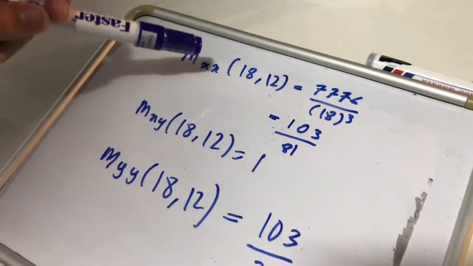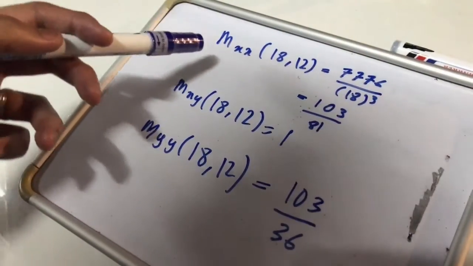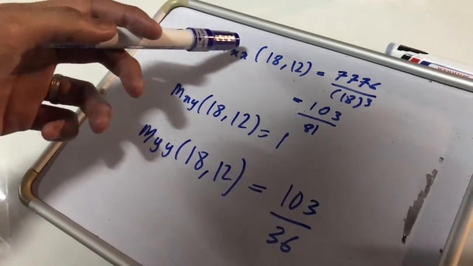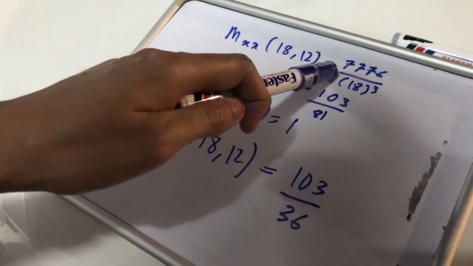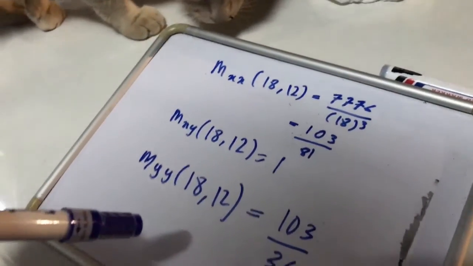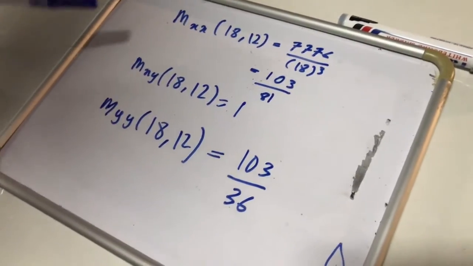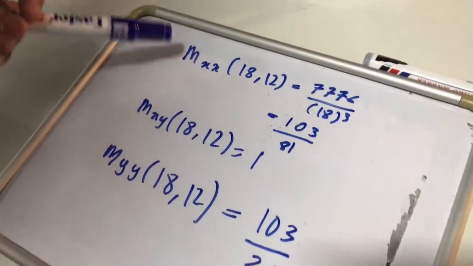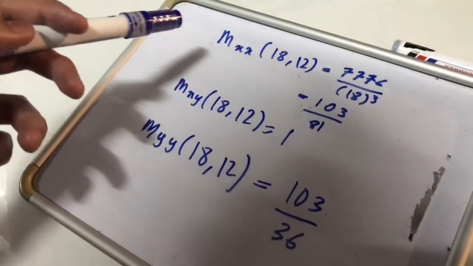Then the second one is del 2f over del x del y. We only get one value because we don't have any x and y in the equation, so the answer is only 1.